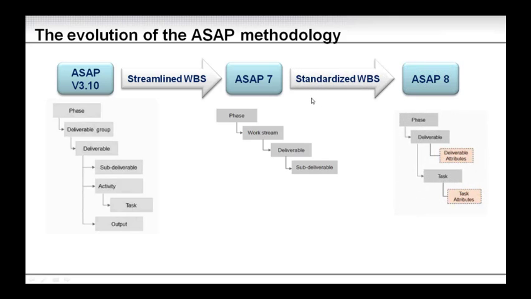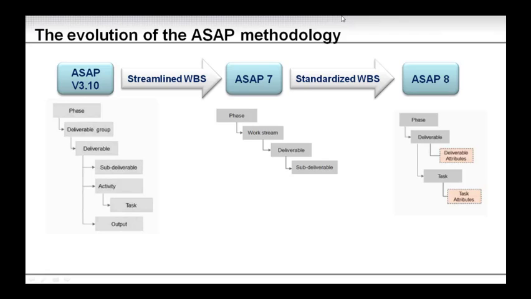Now, further evolving the methodology, they found that now that they had a streamlined WBS, it was time to look at standardizing the WBS, because the four-level WBS was not consistently applied, or it differed in certain situations. So out of this came ASAP 8.